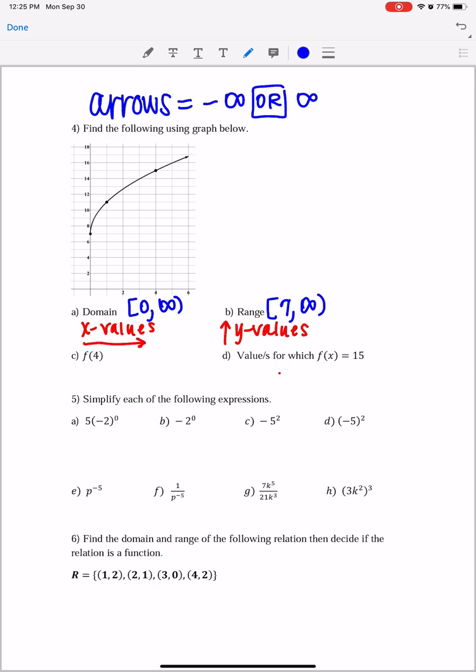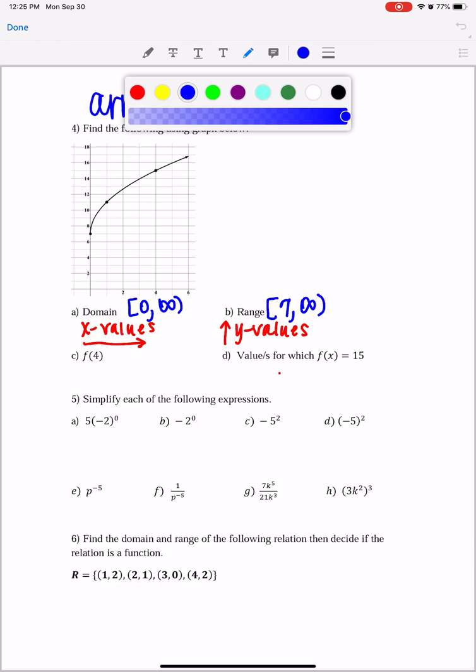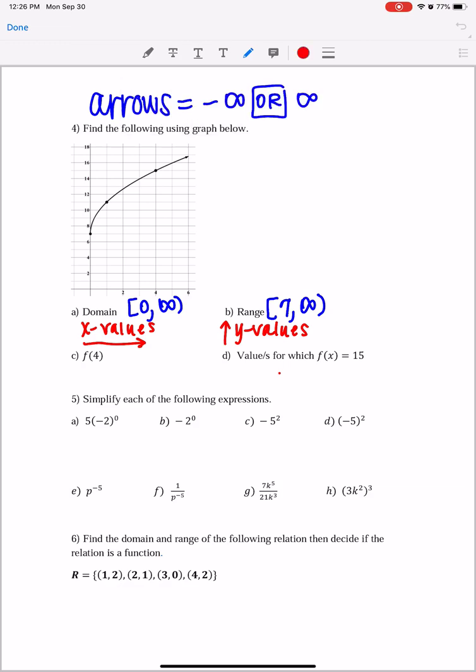So then on C, they have f of 4. What are they telling me equals 4, my x or my y? They are telling me that my x equals 4. So go along your x-axis. When x equals 4, I have no graph below, so I'm going to go up.